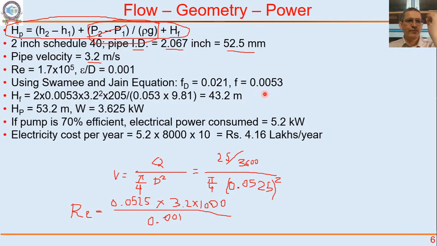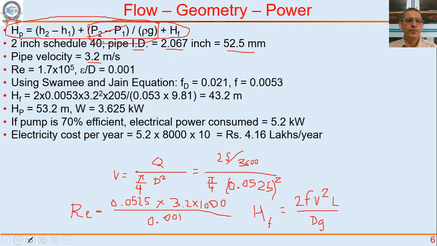Now HF, head loss due to friction, is 2 F V square. Remember the formula for HF, let me write that as well. HF is 2F, Fanning friction factor, V square, velocity in the pipe, V square, L, rho will cancel out, D and g.